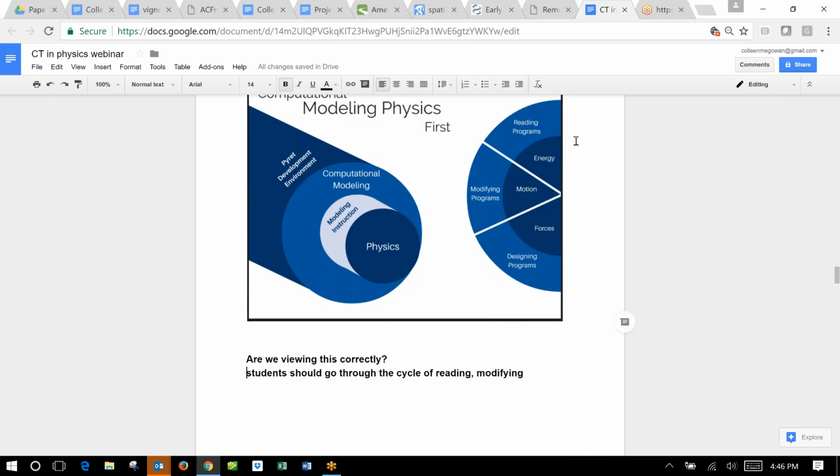But it's not until they've dabbled with that a little bit that we actually let them write code, and the first code that they write is very short little things. It's not physics yet. It doesn't get to actually being very much like physics until we get to motion.